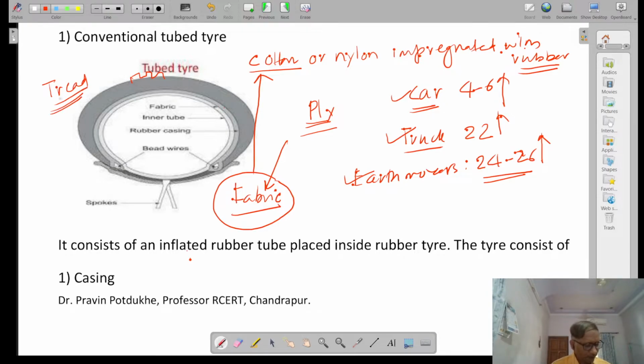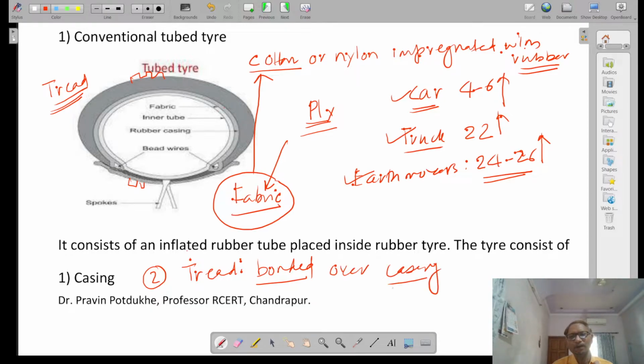The tread is the portion that actually comes in contact with the road, and it improves the tire's ability to transmit driving and braking torque. The tread is bonded on the casing. Just remember, this is bonded over the casing.